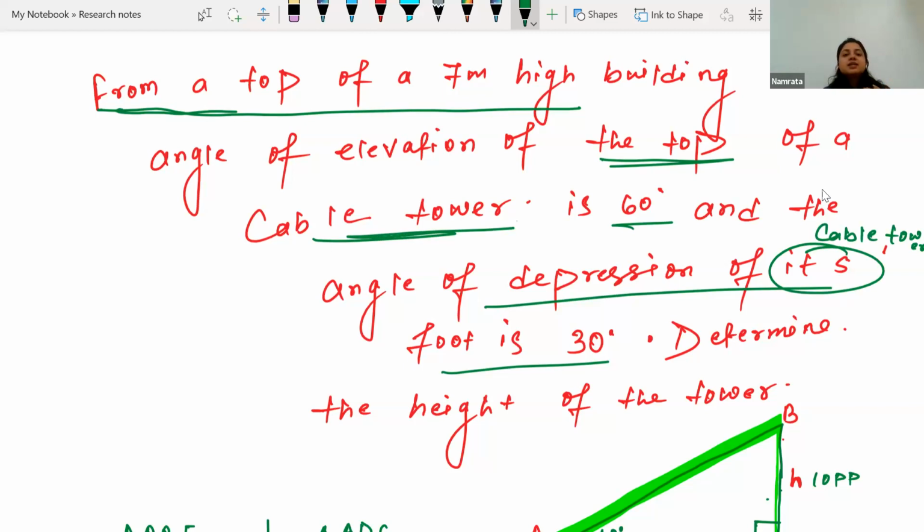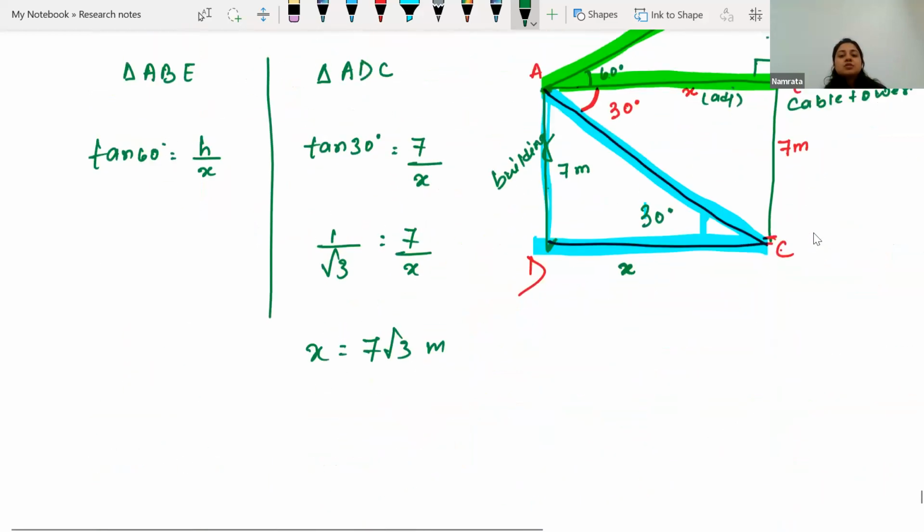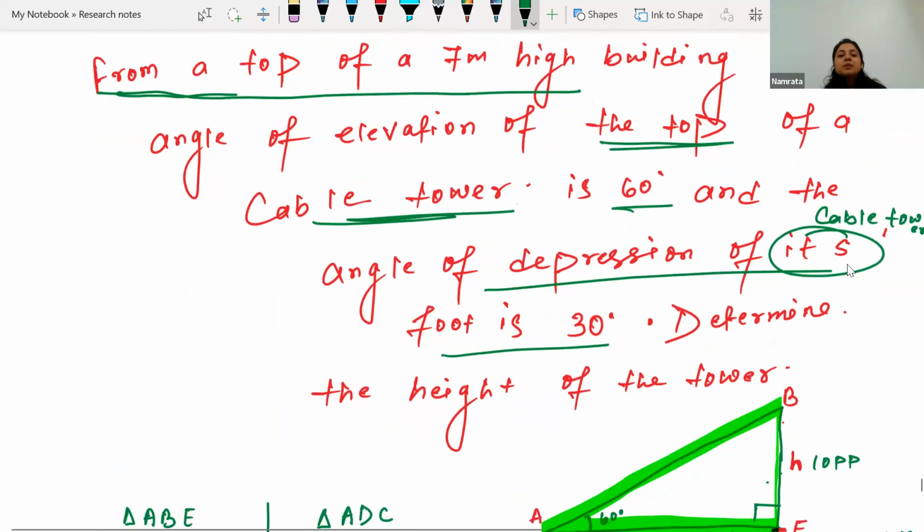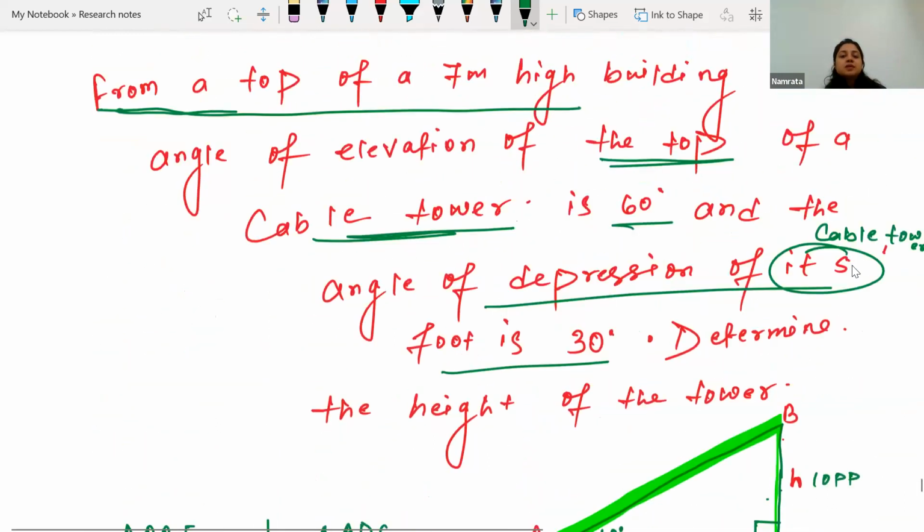Just like in an English paragraph, wherever he or she is mentioned, we go before that and check whose name is mentioned there. That person is who he or she refers to. Here also 'its' means the cable tower. The angle of depression of the cable tower's foot is 30 degrees.